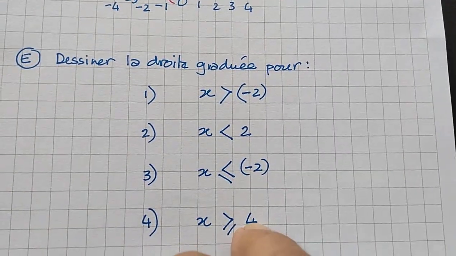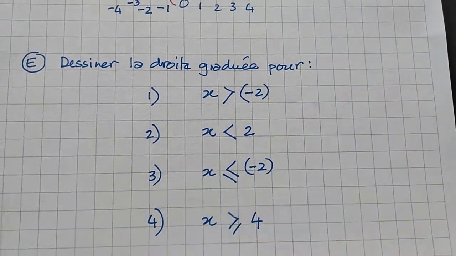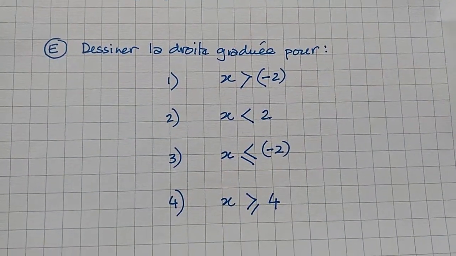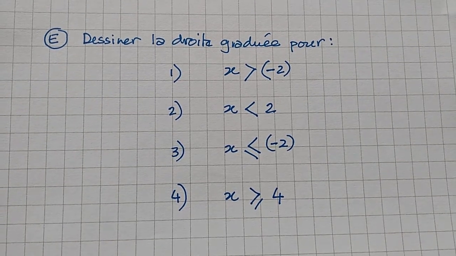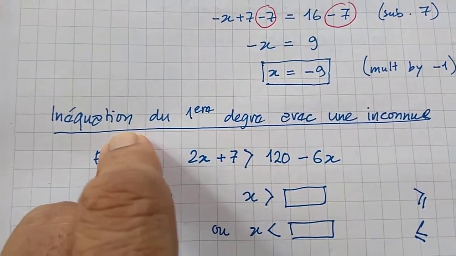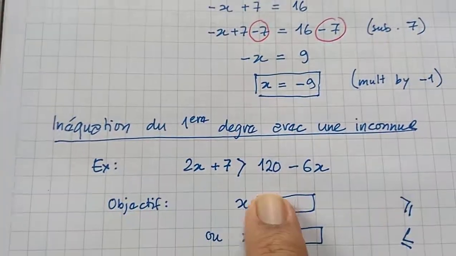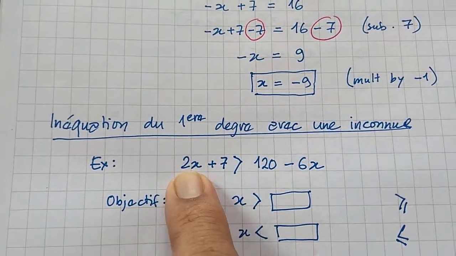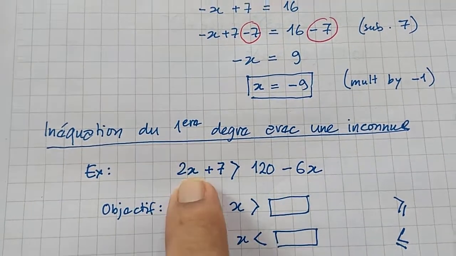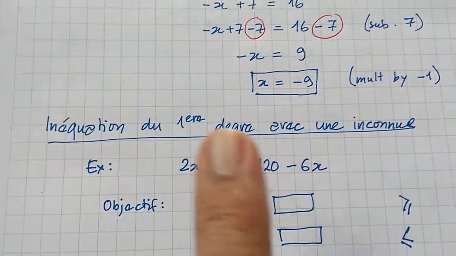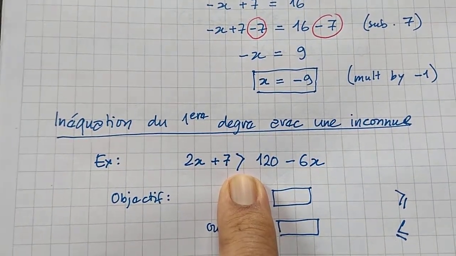Okay, so this is where I stop, 23 minutes into the video. Watch it again if you like. It is an introduction for inequations. We always knew equations, but what does it mean to solve an inequation? Solving an inequation is to find the value of the unknown that satisfies that inequation.